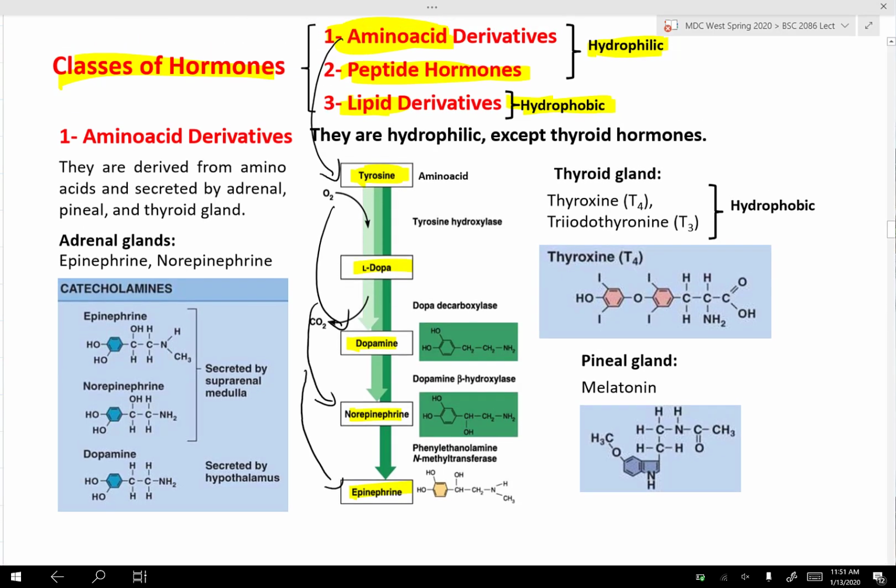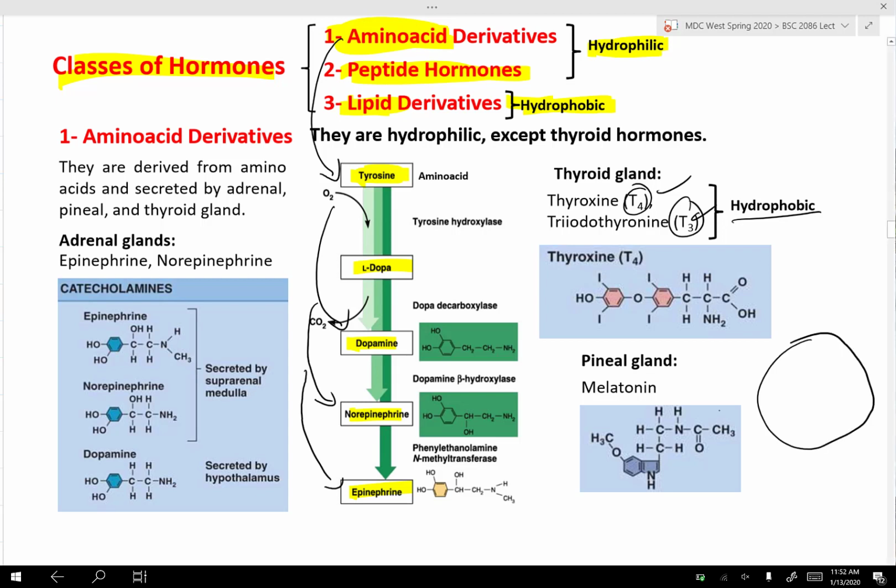So, your thyroid gland. Do you know where your thyroid is? Where's your thyroid gland? Your thyroid gland produces T3 and T4, and these tend to be hydrophobic. Now, who cares about it?